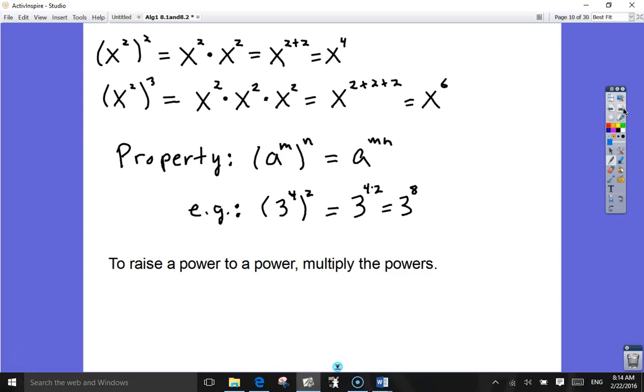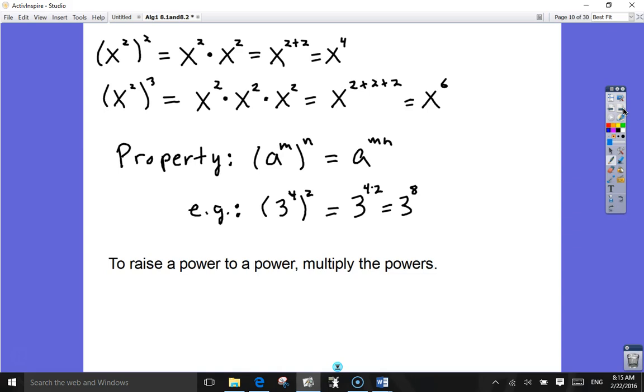Since I'm multiplying the same base raised to different exponents, I add the exponents and I get 2 plus 2 is 4, right? That's not a great example because actually 2 times 2 would have been 4 too. But how about this one? X squared to the third power would be x squared times x squared times x squared, right? 3 times multiply x squared times itself. And now, how many x's is that? 2 plus 2 plus 2 is 6.